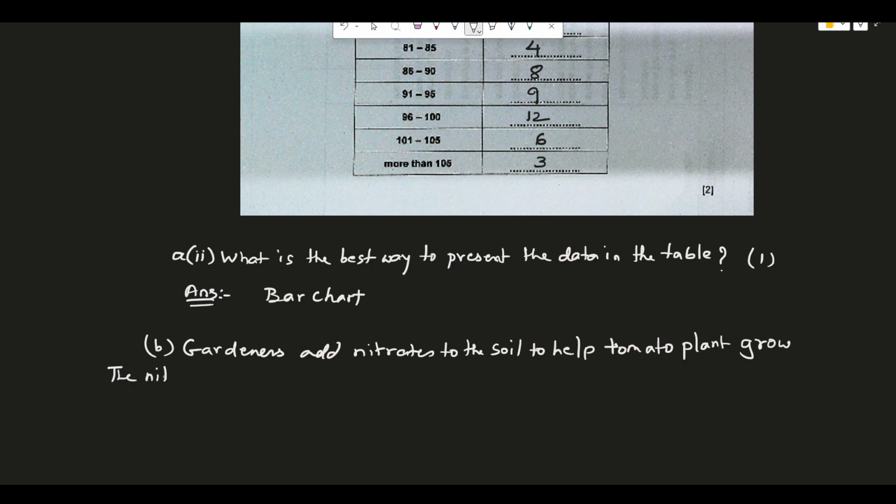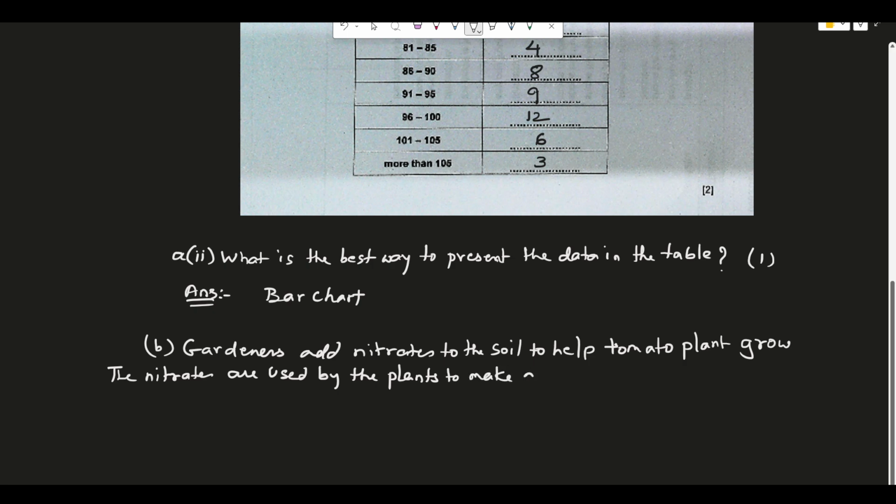The nitrates are used by the plants to make a substance needed for growth.